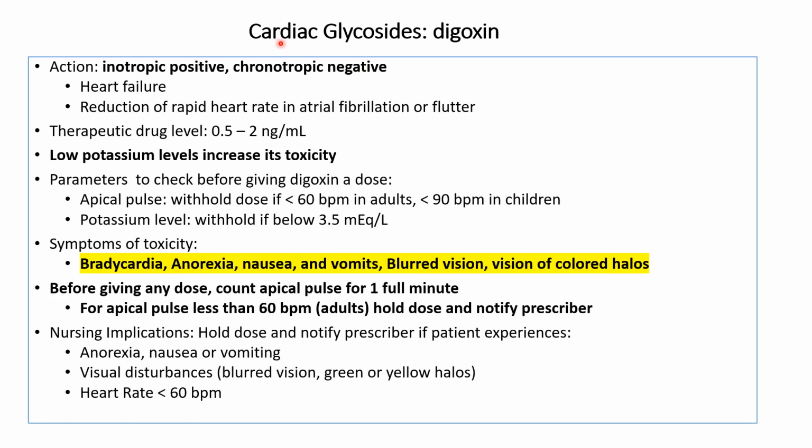Digoxin is a cardiac glycoside. Those are synonyms that are inotropic positives and are used to make the heart stronger when the heart is too weak, like in heart failure.